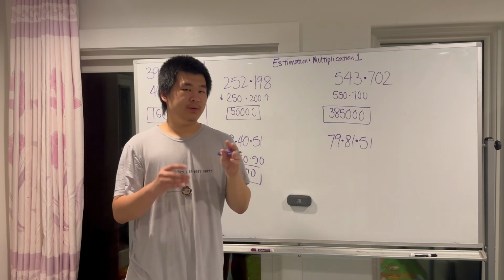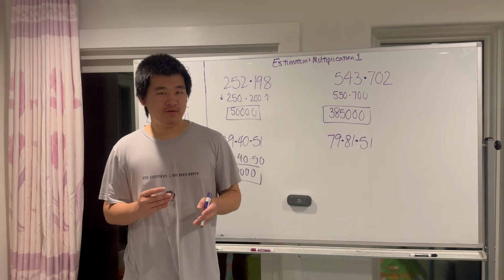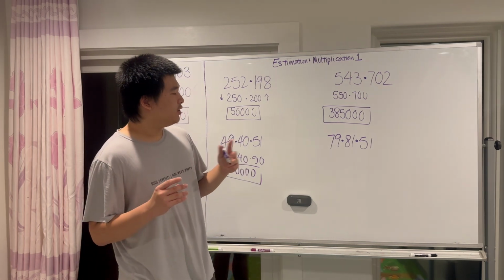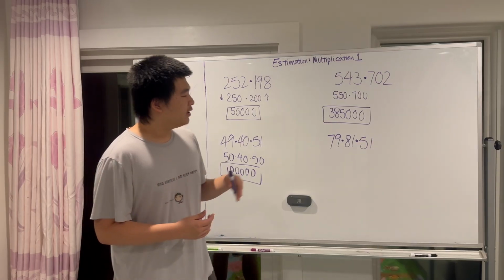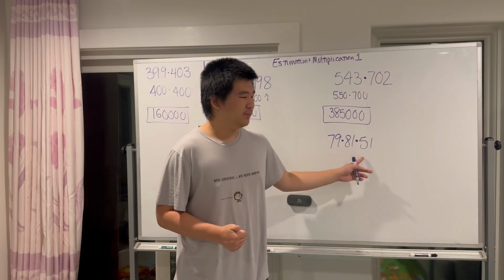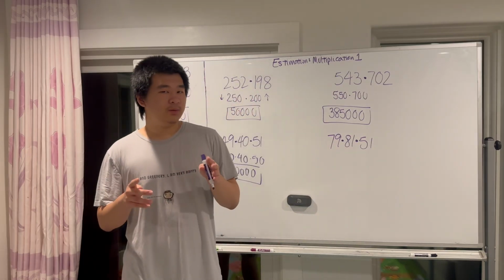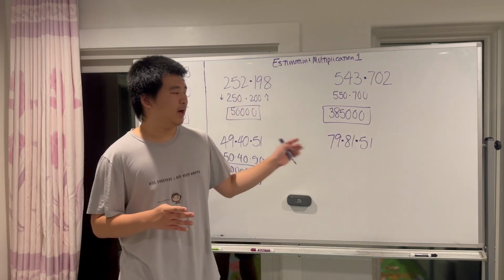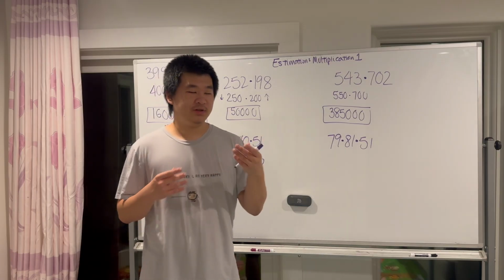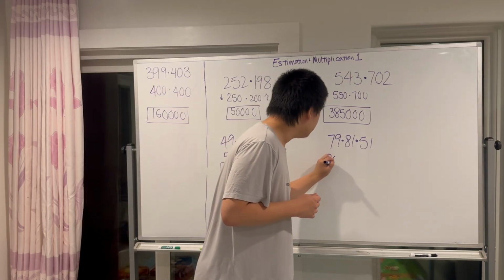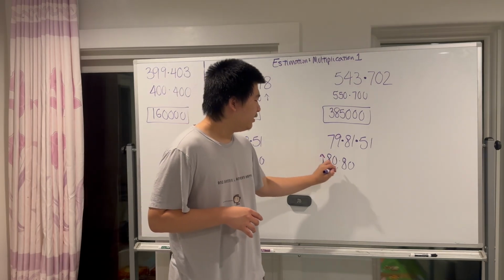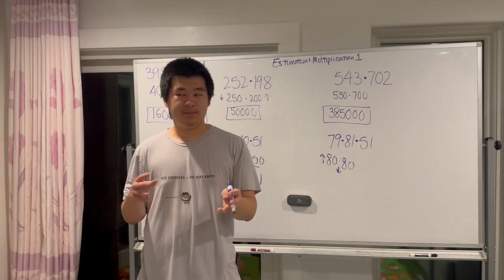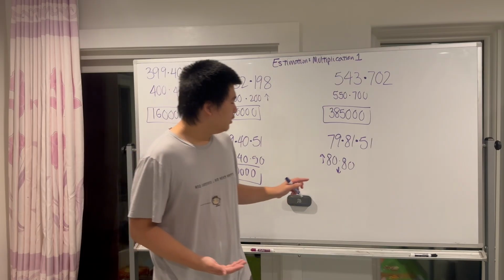Last question, going to be a little bit more computationally intensive, but not by much. And you should essentially see the idea immediately when you see these problems. For example, 79 times 81 times 51. Multiples of 10s are nice, and this is what we have right here. 79 is very close to 80. 81 is very close to 80. And notice once again, this is being rounded up and this is being rounded down, and so the error goes to basically 0.